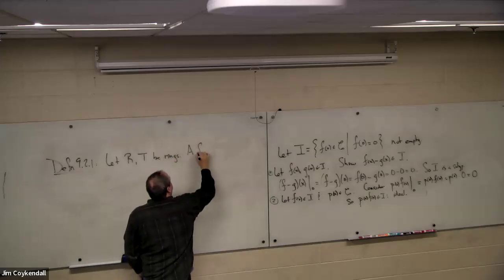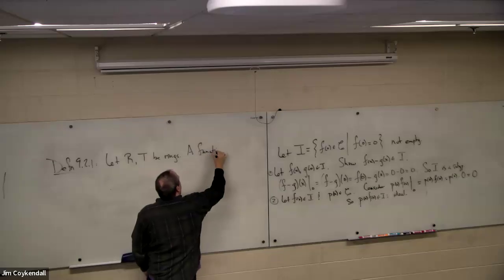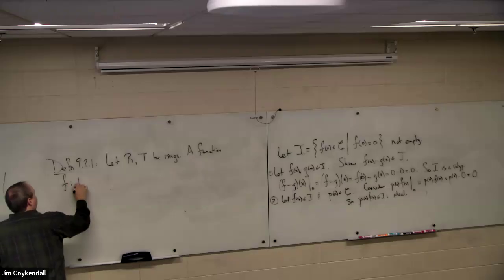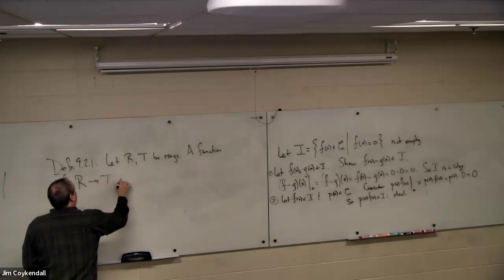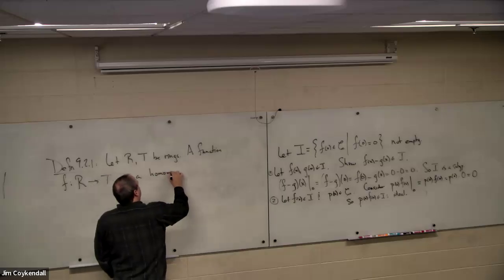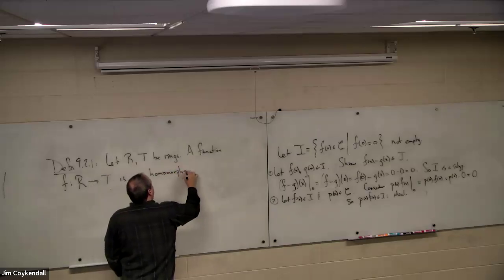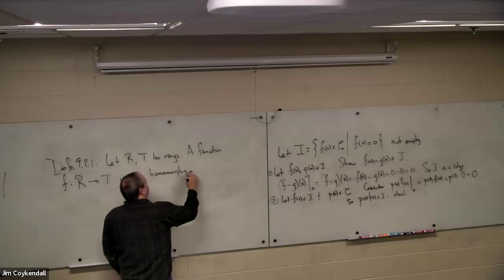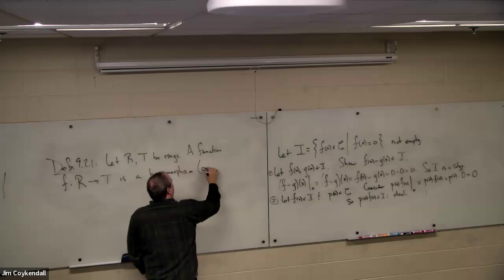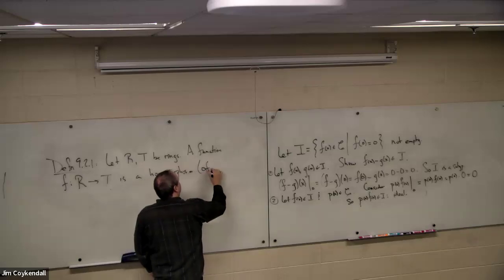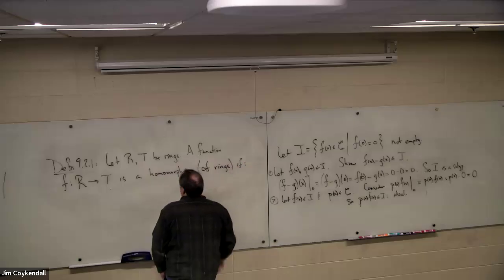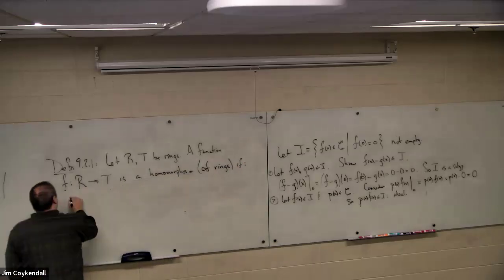A function, let's call it f, is a homomorphism. And sometimes I'll call it a homomorphism if the context is clear. But what I mean here, when I set the definition.